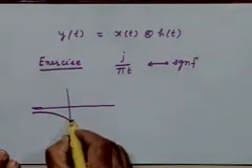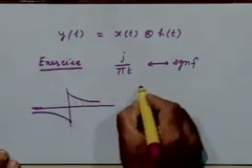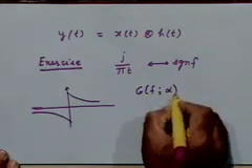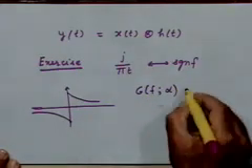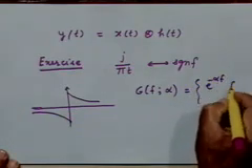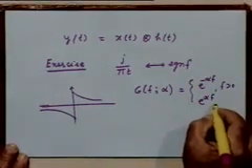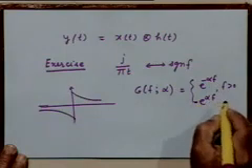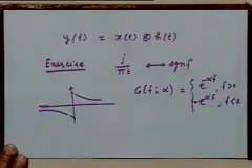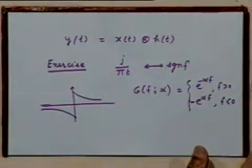You consider this function, which is basically, let me define this function g of f with a parameter alpha, right? And it's defined as e to the power minus alpha f for f greater than 0 and minus e to the power alpha f for f less than 0, right? Now it's okay, right?